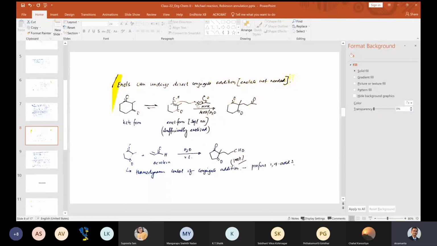That enol form could be trapped with a Michael acceptor, like here methyl vinyl ketone, MVK, to give this product. So here you do not need an enolate ion. Of course, enolate would give this product, but it could be done in a milder condition. Why would you go to a harsh condition if it can be done in a milder condition?